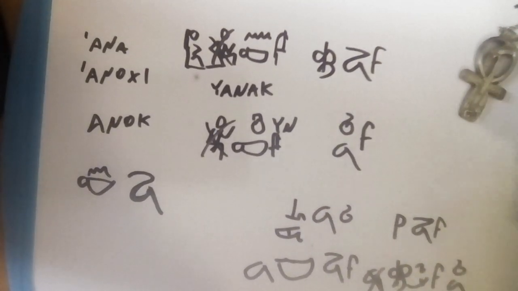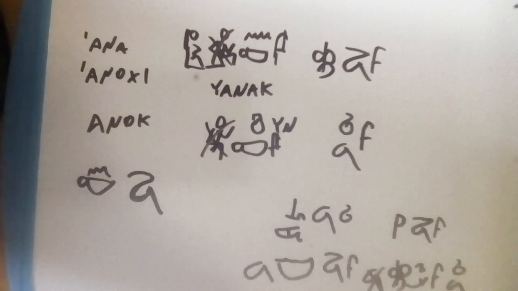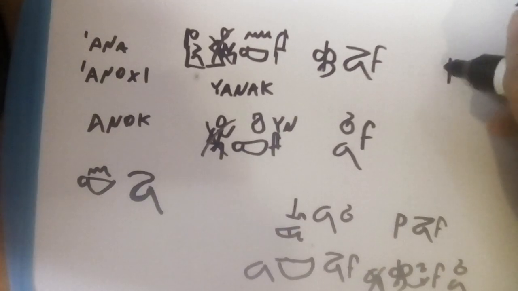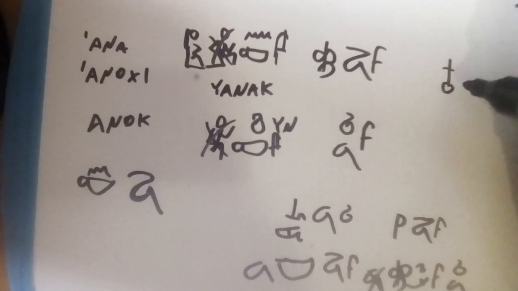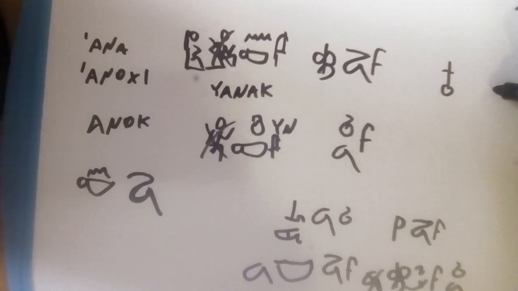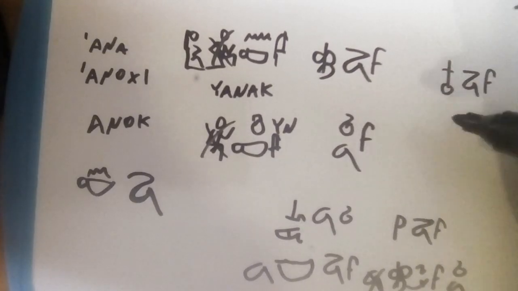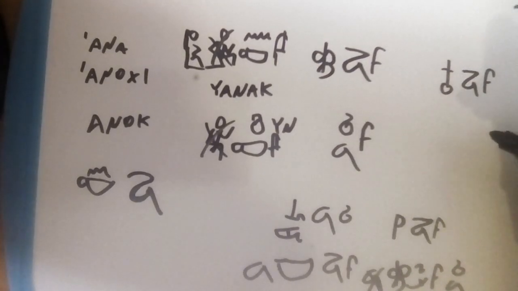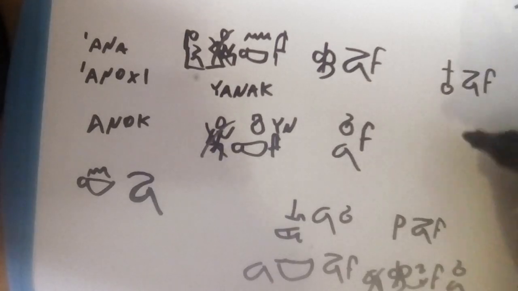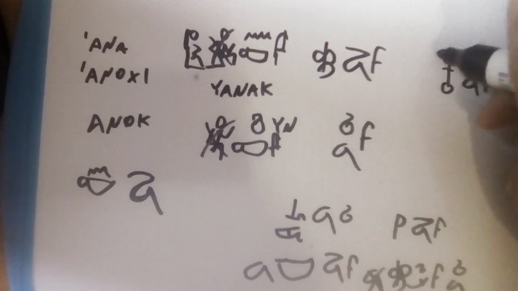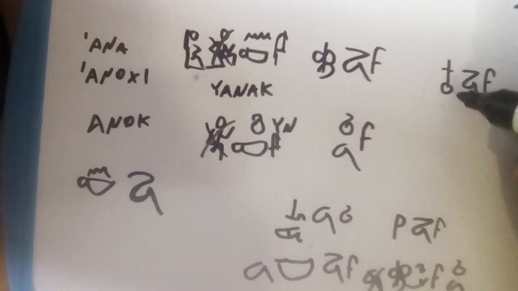But we can say different expressions also. This is a word for good or beautiful, nafir. So if we write it, Yanak nafir, I am good, I'm beautiful. This is an adjective, of course, it's not a noun, it's not a name.